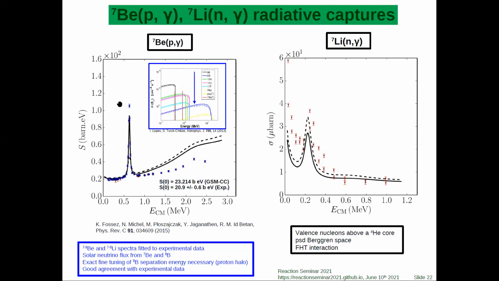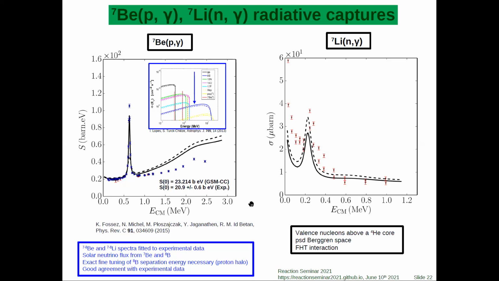And we can see that at low energy, p-gamma is very well described, not so much at higher energy, but qualitatively, as we also have a simple many-body wave function, a valence nucleus above a helium-4 core, it is satisfactory. And we also have a good n-gamma cross-section.